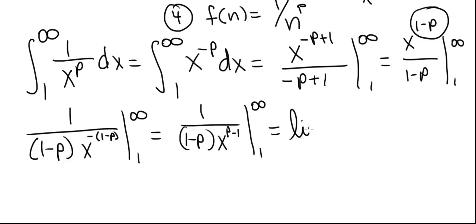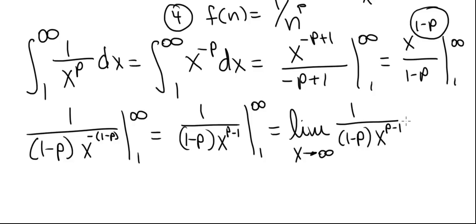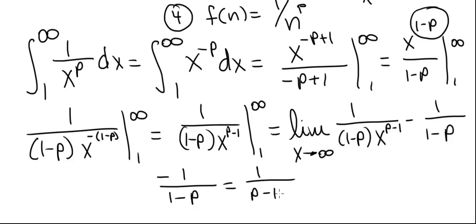Now let's take the limit. The limit as x goes to infinity of 1 divided by 1 minus p, x to the p minus 1, and when x equals 1, this is minus 1 divided by 1 minus p. So we look at this limit. Because p minus 1 is positive, x to the p minus 1 will go to infinity as x goes to infinity, and 1 divided by 1 minus p times x to the p minus 1 will go to 0. So this is equal to minus 1 divided by 1 minus p, which is 1 divided by p minus 1.